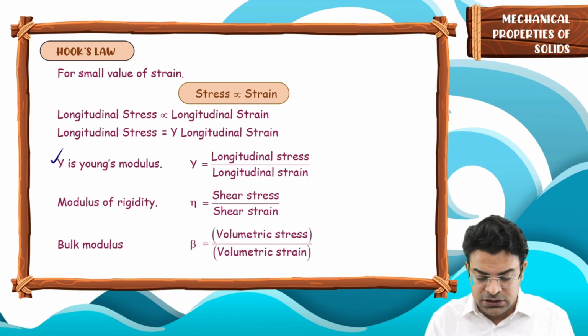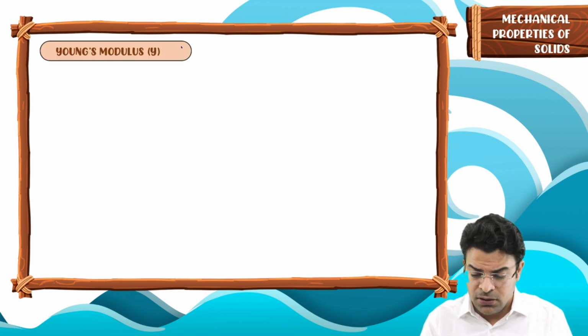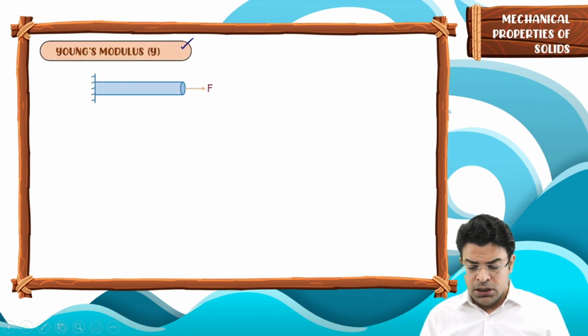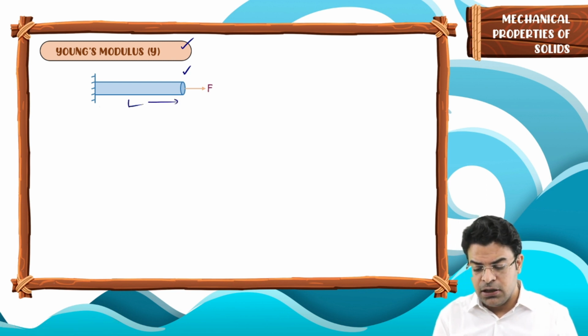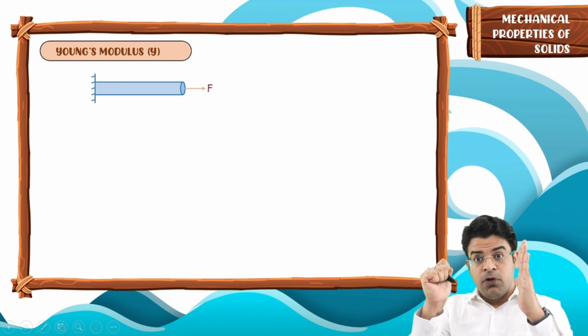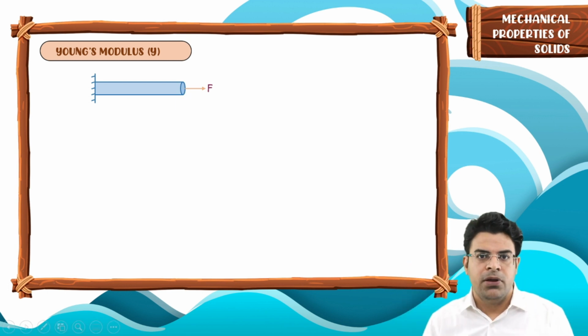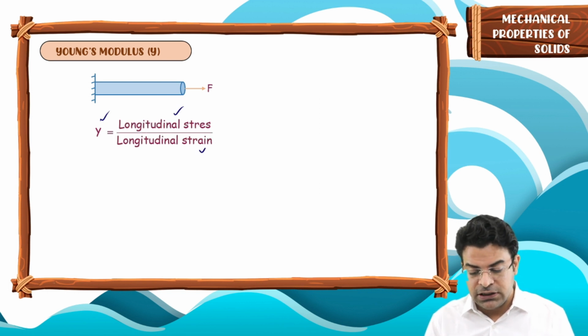First of all, I will start with the Young's modulus. Let's talk about Young's modulus. So if you have a rod and the rod has a length L, the cross-sectional area is A, and we apply a force F at one of the ends of the rod, we will say that the Young's modulus is equal to longitudinal stress upon longitudinal strain.